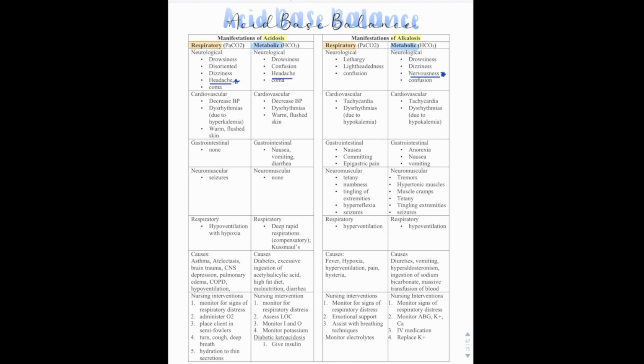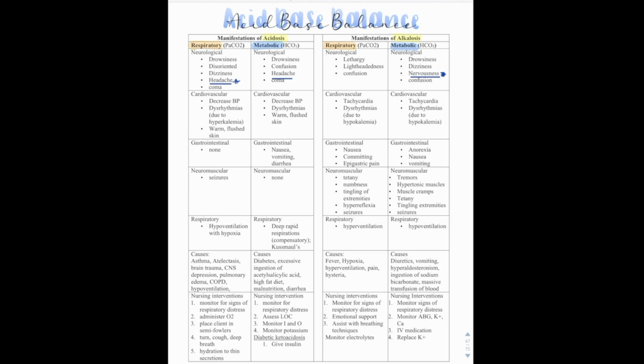But now let's move down. Cardiovascularly, for respiratory acidosis, we're seeing decreased blood pressure, dysrhythmias, and warm flushed skin. For metabolic acidosis, we're seeing decreased blood pressure, dysrhythmias, and warm flushed skin. Again, same symptoms, so we don't have to really remember the differences with those. If we come over to alkalosis and look at respiratory alkalosis, we're seeing tachycardia and dysrhythmias. For metabolic alkalosis, we're seeing tachycardia and dysrhythmias.